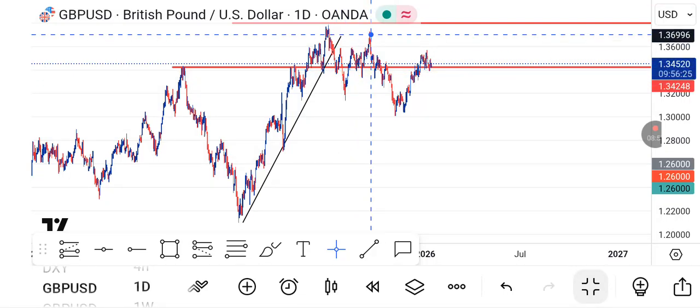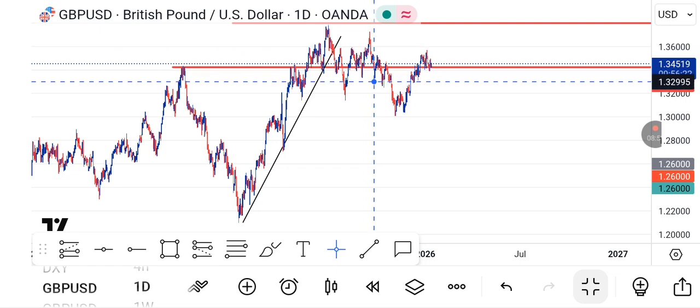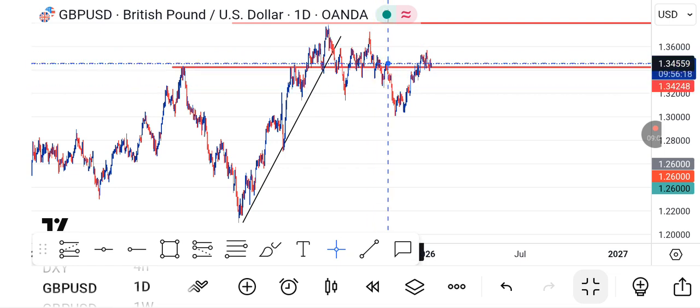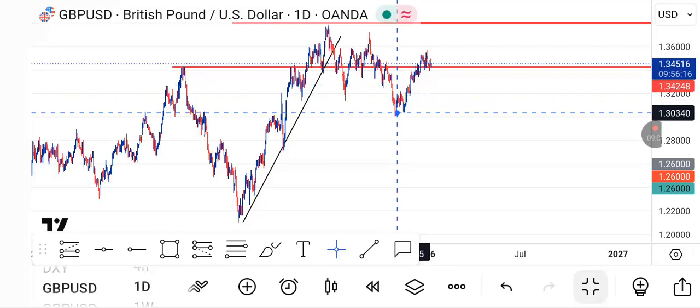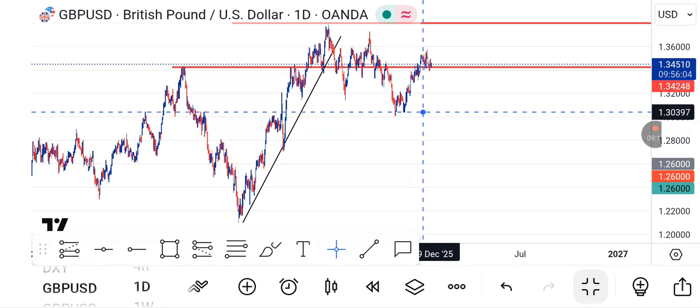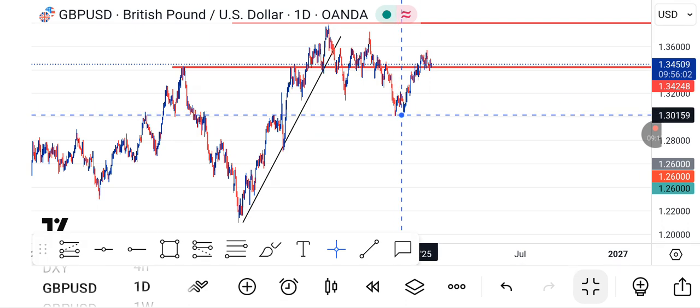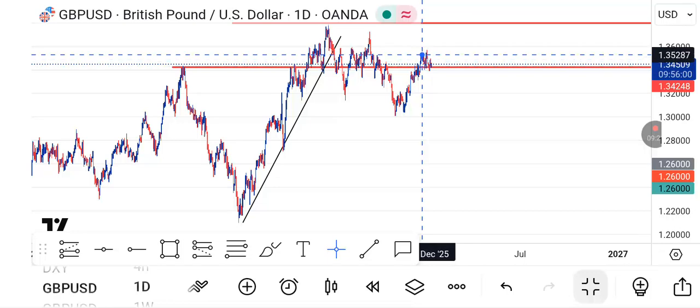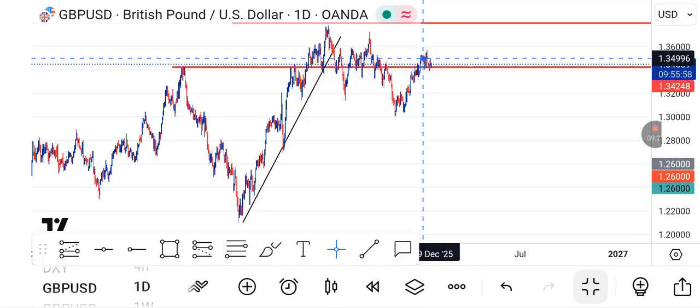It was only when it moved like this and came back to test before dropping down that I thought it was about to start its trading phase, but it stopped around this place before moving back up again to this place.